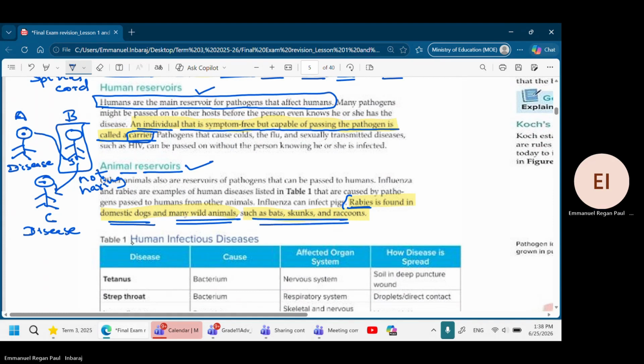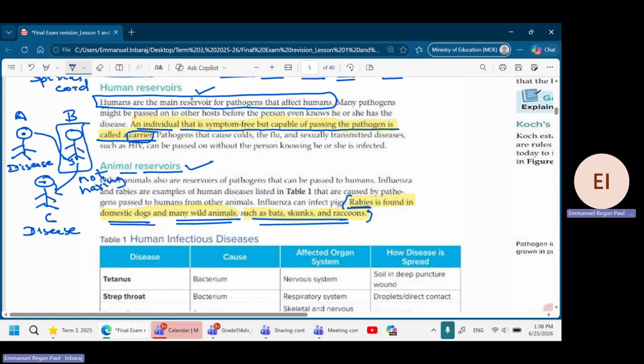When a person is bitten by a dog or any wild animal, the person may develop a disease called rabies. So the virus that is found in dogs and wild animals can enter into the human. This is called an animal reservoir. Hope that is clear now.